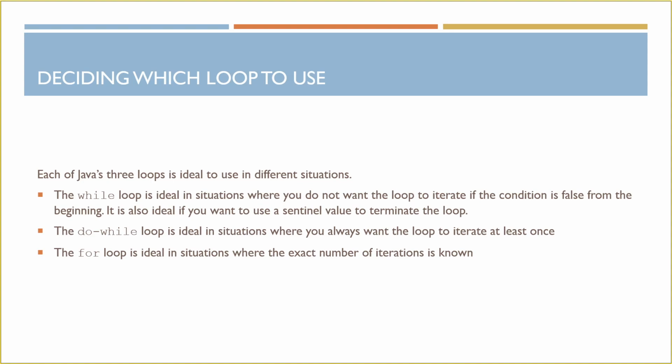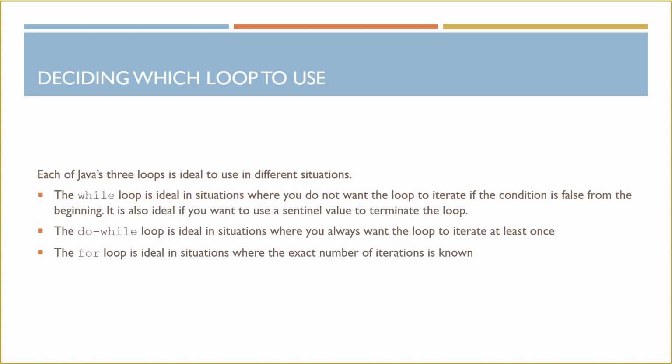So if you want a pre-test loop, you could use the while loop. It's also ideal if you want to use a Sentinel value to terminate the loop. Remember those Sentinel values we said was like enter a number, enter -1 to exit the loop. That would be a good use for a while loop.